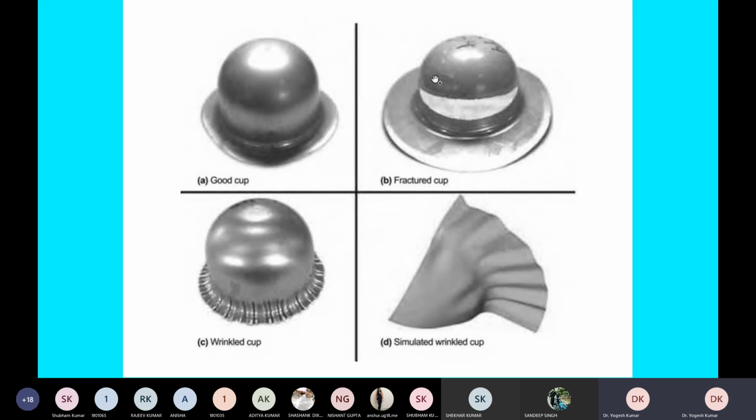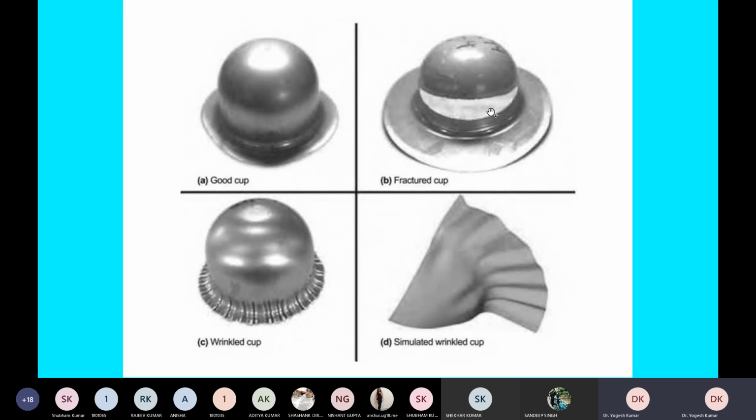Okay, here you can see one fractured cup. So if the size of the blank is not proper, or the dimensions or the thickness is not proper, then fracture in the cup takes place, which may be like this.